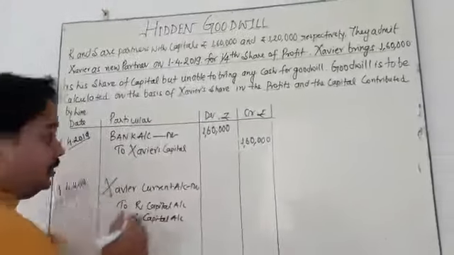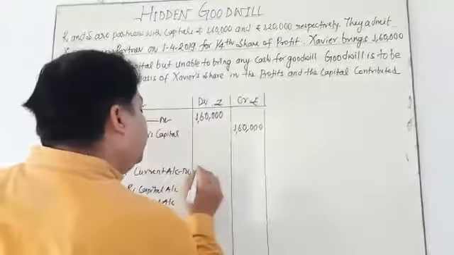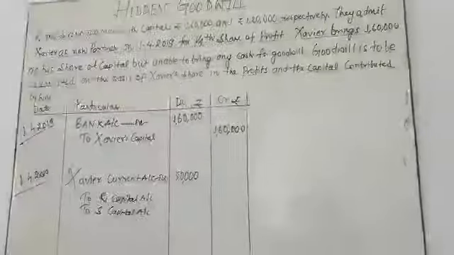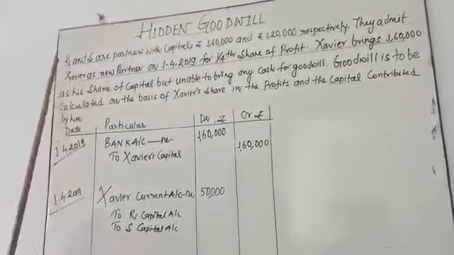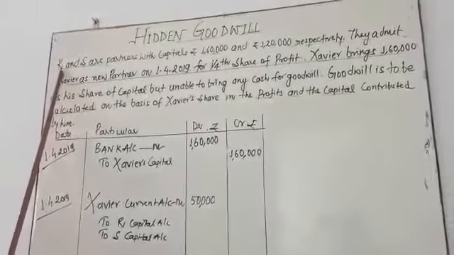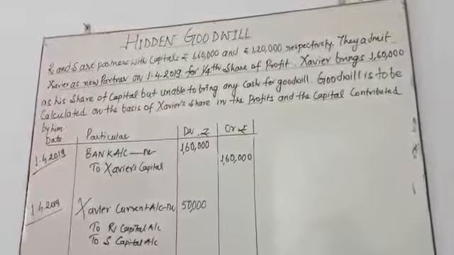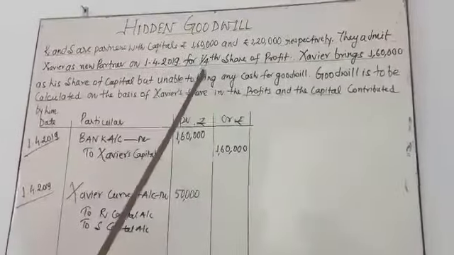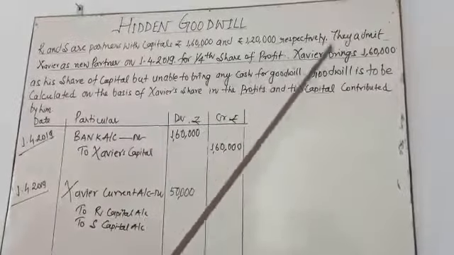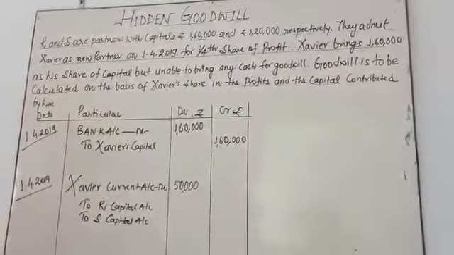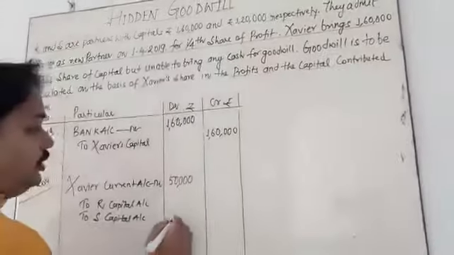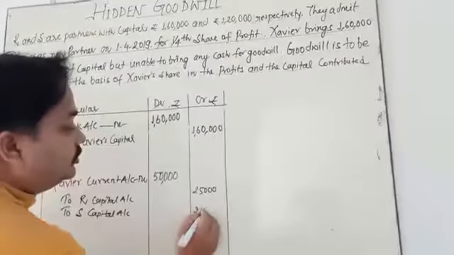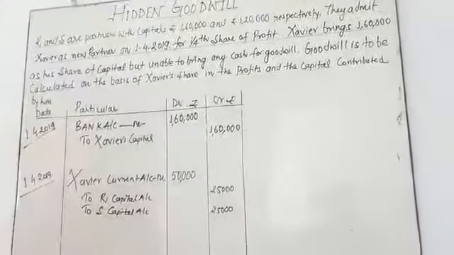So the total goodwill brought by Javier is 50,000. In this question there are no old ratios given, only the new profit sharing ratio of Javier. So this 50,000 is going to be distributed equally, because there is no old profit sharing ratio.